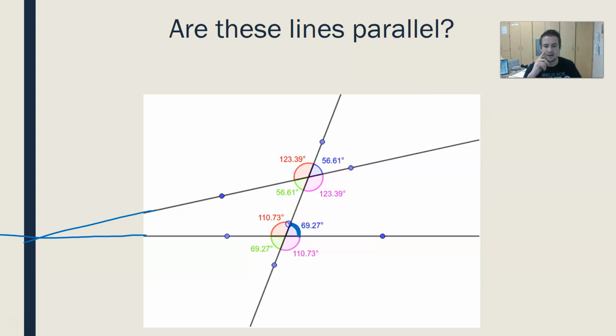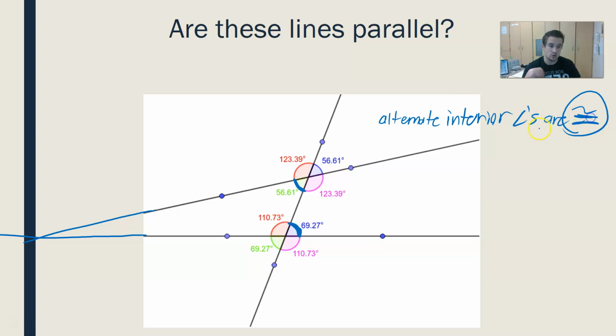So for example, if I look at this angle right here and this angle right here, those are alternate interior angles. And in parallel lines, those angles need to be congruent. They need to be equal to each other. They have to be the same. And you notice here, this angle is 69.27 degrees.